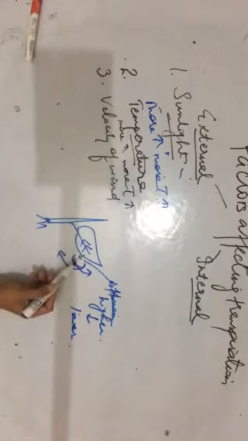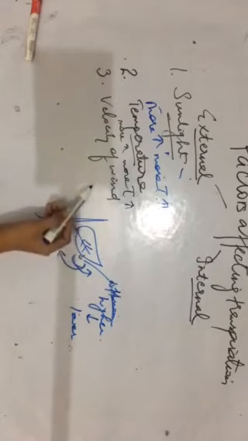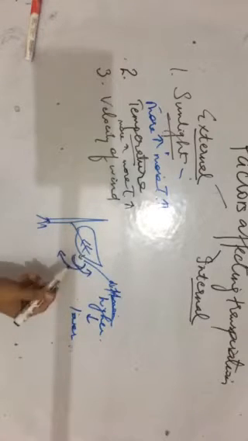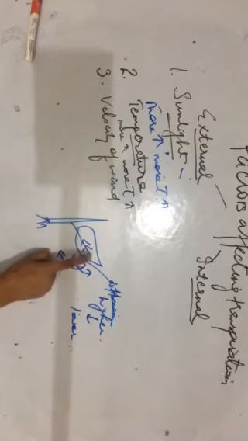So the water molecules will move from higher to lower. So this is happening with the velocity of wind. If wind is blowing with a particular speed, it will take the water molecules away and clear the space, and it will be easier for water to come outside from inside.